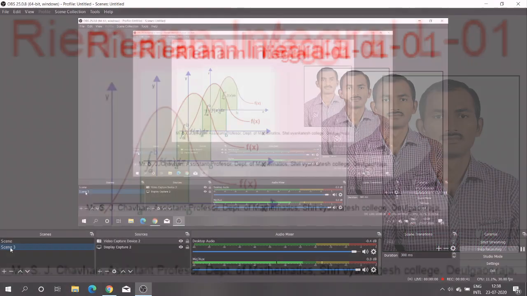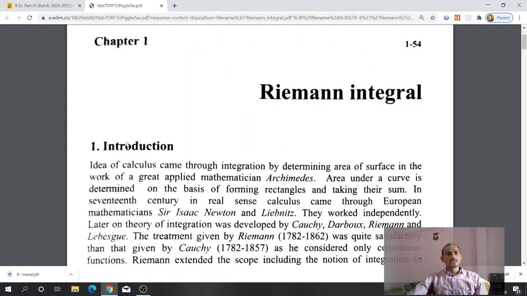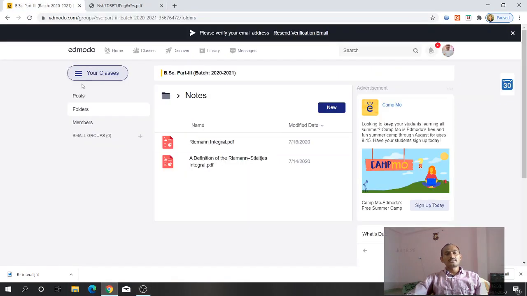So let's go to the Edmodo class. This is the interface for your Edmodo class. Go to the folders. In this folder there is a semester 5 folder. Click on the semester 5 folder.